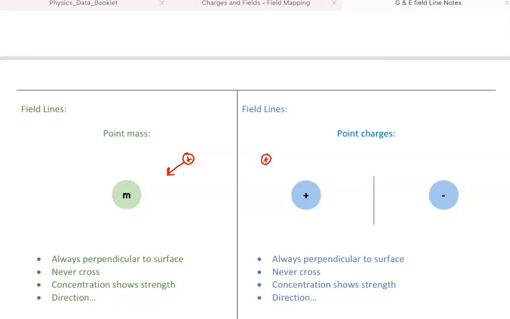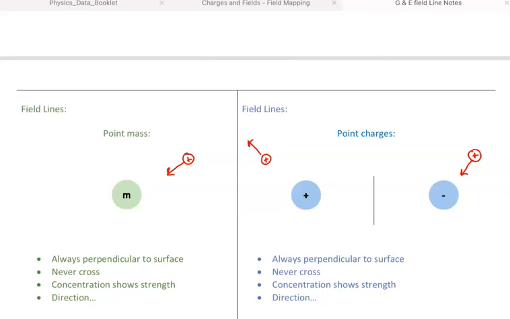Would it feel attractive or repelling? It would feel a repelling force. What if I placed a positive charge right here? Positive and negative, so it would feel an attractive force. By imagining placing a positive charge anywhere in the vicinity of these charges, we can start thinking about how we would draw field lines.